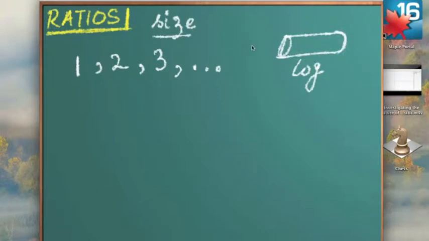So suppose we have a log here, a wooden log. So this is wood. And we have a smaller log, and we want to compare their masses together. Well, we can immediately see that if they are made of the same wood and this one is smaller, this one is going to have a smaller mass than this one.